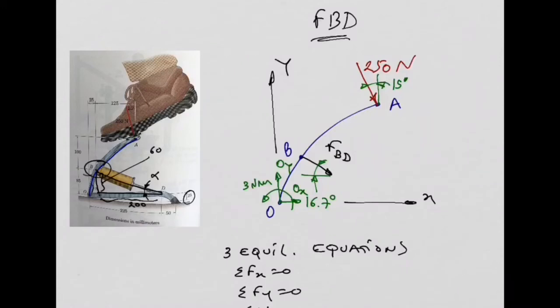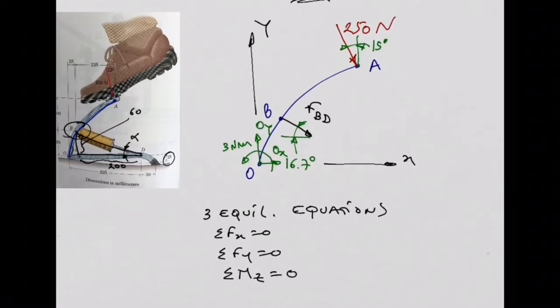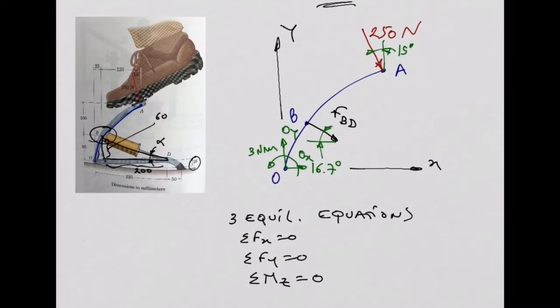And then we have the moment produced by the spring, 3 Newton meters, and we have the 250 Newton force that is being applied at point A. Right? So this is our free body diagram, and we concluded in the morning that we have 3 equilibrium equations, because this is a 2-dimensional problem with 3 unknowns, which are OX, OY, and FBD. So we are ready to go. We will continue this exercise now.